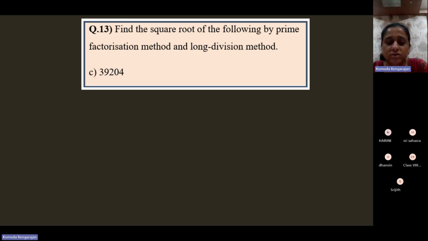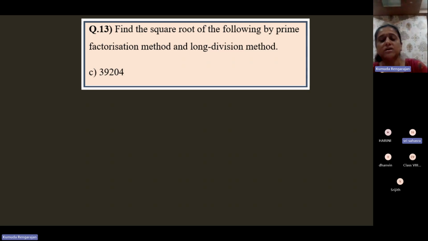Have you completed working this one using the prime factorization method? No, ma'am. Okay. Finish it and let me know, children. Harini? Ma'am, I've done it, ma'am.